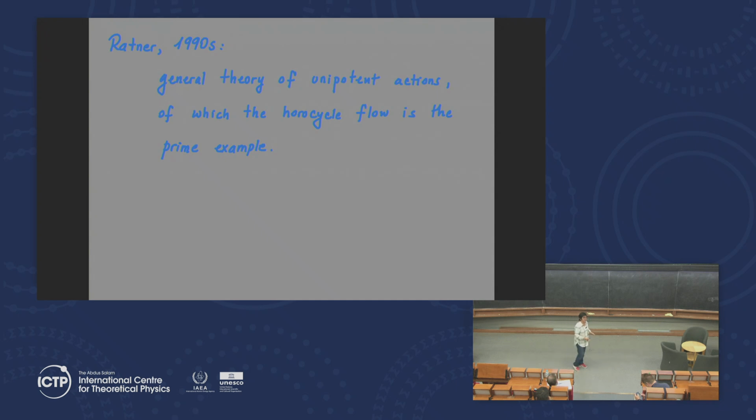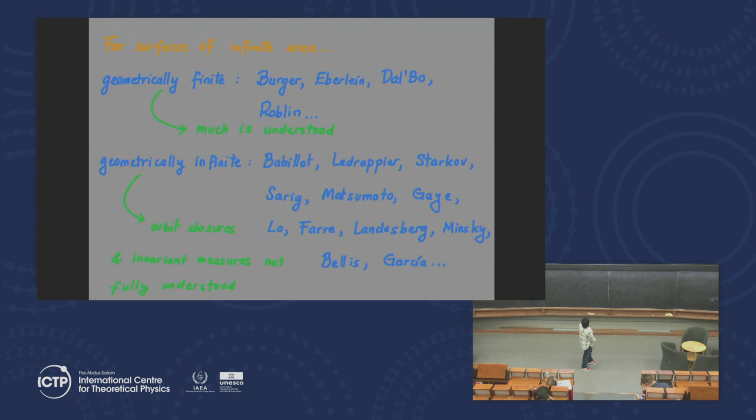Okay, so by the 1990s, most of what you could ask about the horocycle flow on a hyperbolic surface of finite area, Ratner's theorem would answer for you, okay? So what do we know for surfaces of infinite area? It gets trickier.